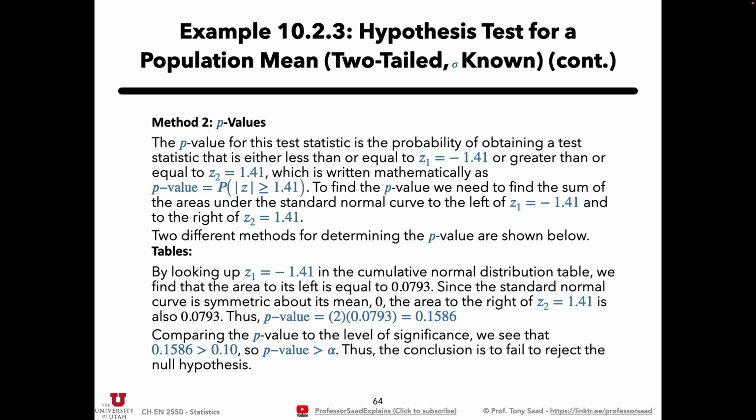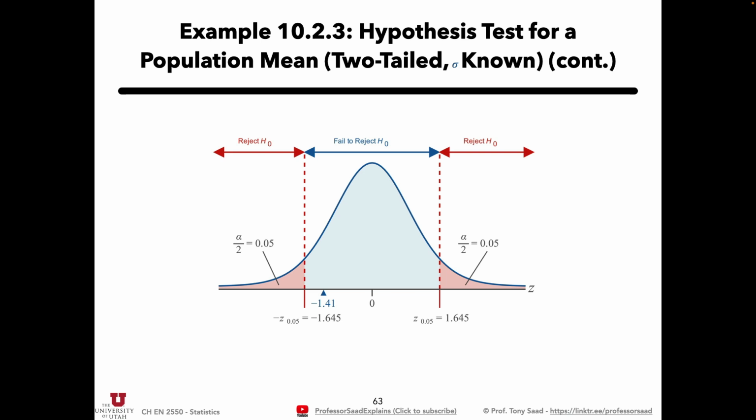So with the one tail, if it's less than, you take the probability of less than that test statistic. So the entire area to the left, okay? So if this were a single tail test, you would take this entire area, that would be your p-value, and then if your p-value is less than alpha, you reject. If it's greater, you fail to reject.